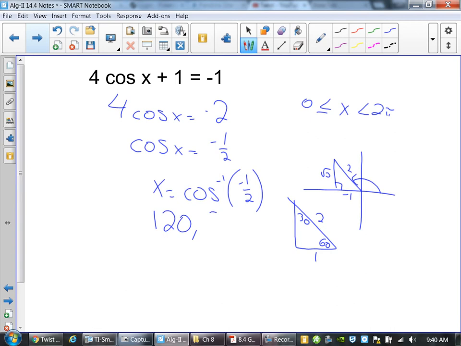Or 2 pi over 3. Where else is cosine negative then? Third quadrant. So you just have to drop down your reference angle of 60 degrees. So what's 60 degrees more than 180? 240. And then what's a pi over 3 more than pi?